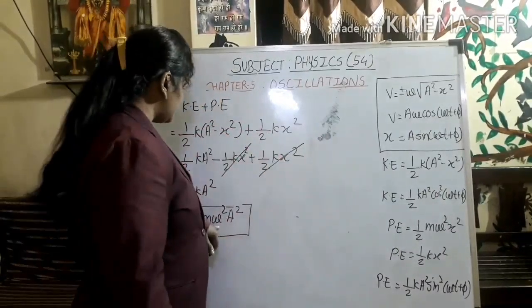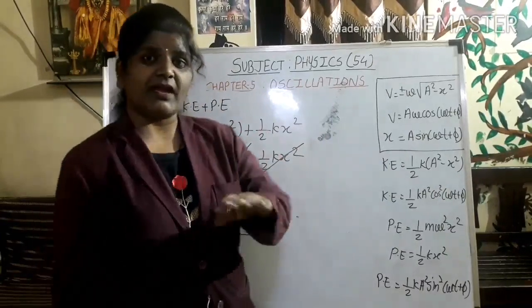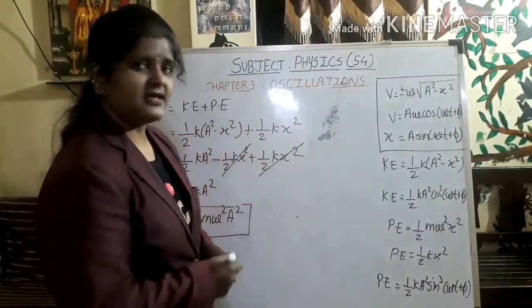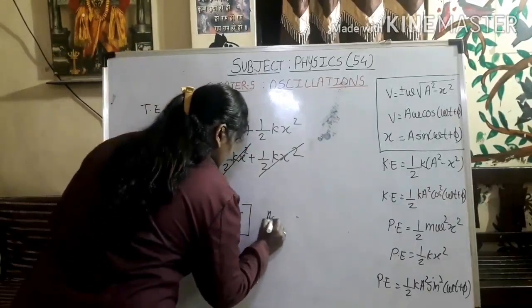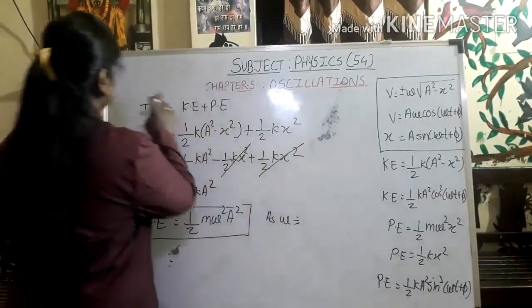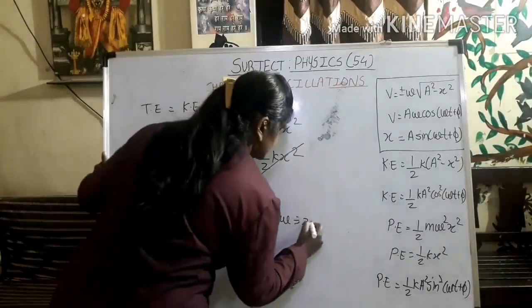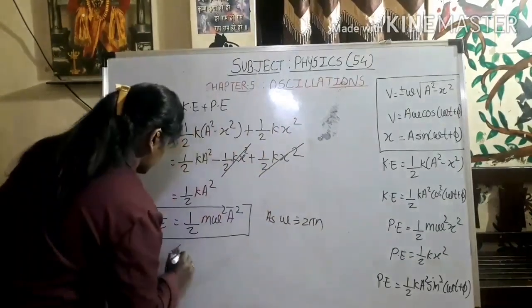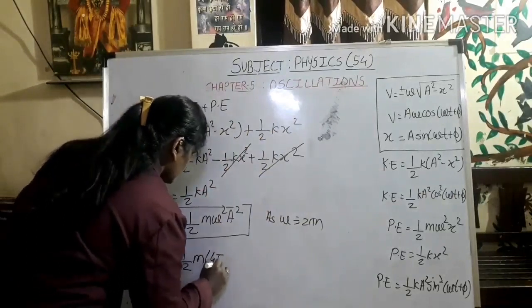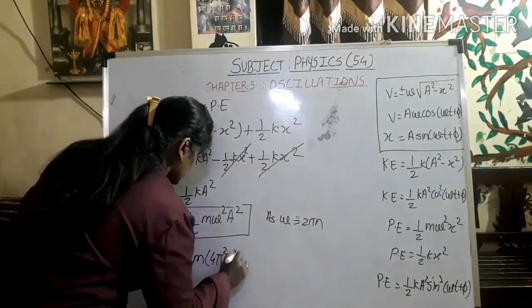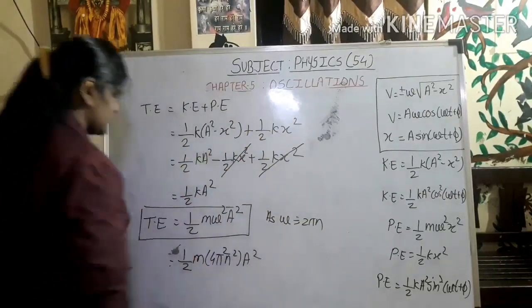And you can even put the value of omega over here as 2 pi n. If I put omega as 2 pi n over here, what happens? Instead of putting this value k by m, I am going to put this as 2 pi n. Let's see what happens. We get 4 pi square n square a square.